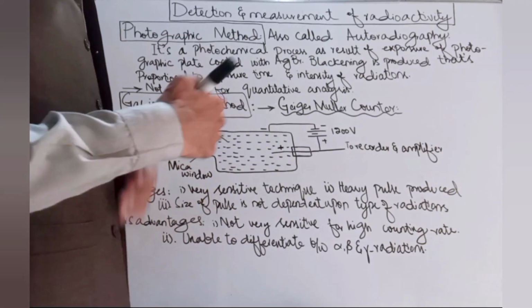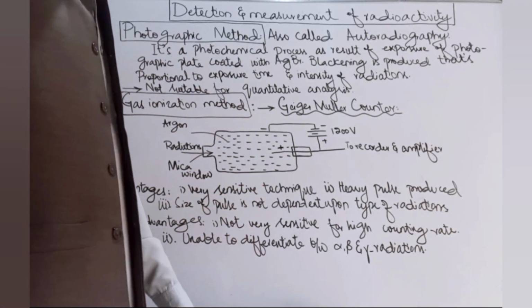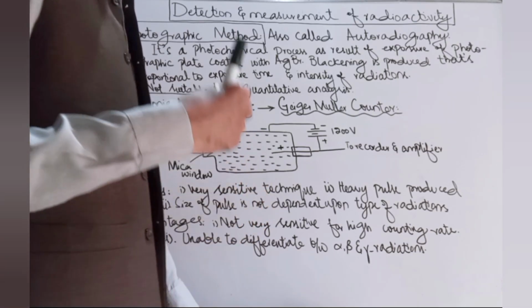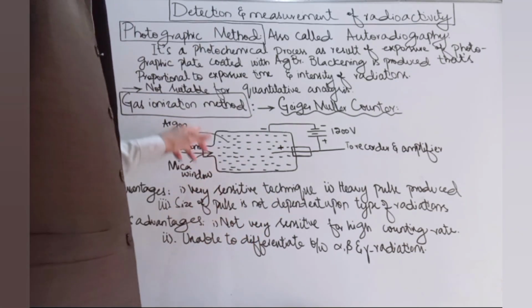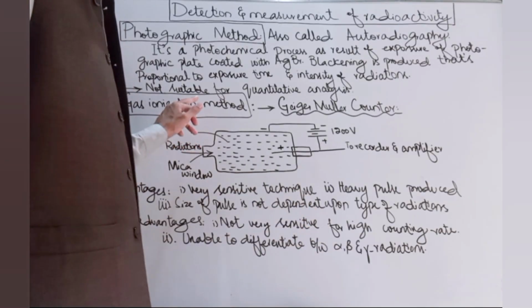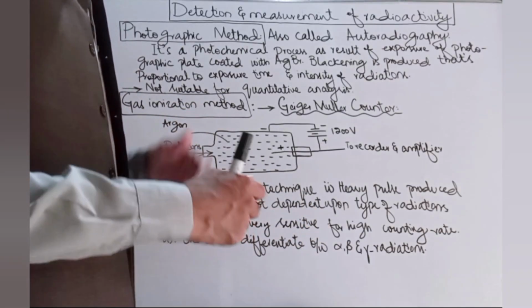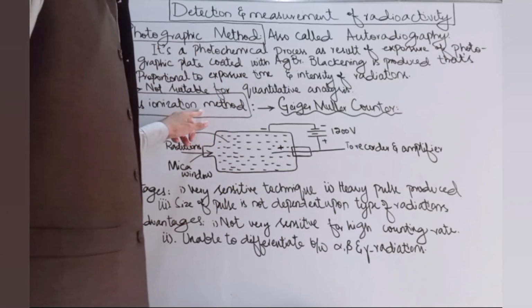Because of the movement and collection of these electrons and cations, a pulse of current is produced, and that pulse of current is equivalent to the amount of ionization caused by the radiations. So these methods can give us quantitative data about the ionizing properties of the radiations.